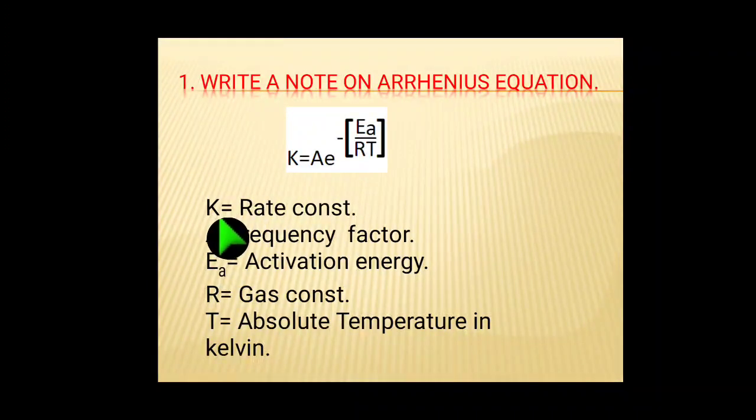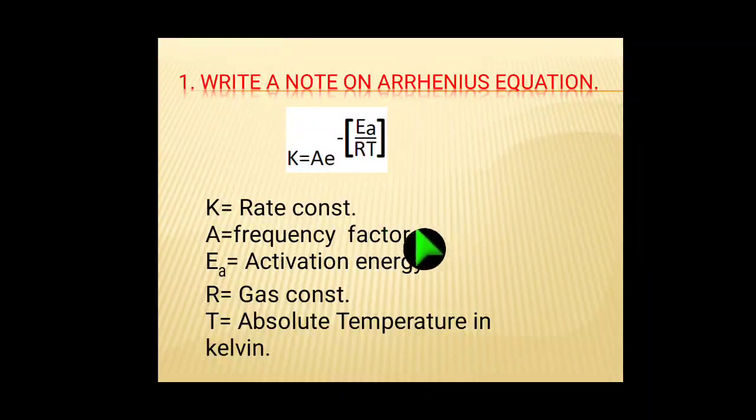So what is k? k is nothing but the rate constant, and A is the frequency factor. The frequency factor is related to the frequency of collision between the reactant molecules, so the number of collisions per second.